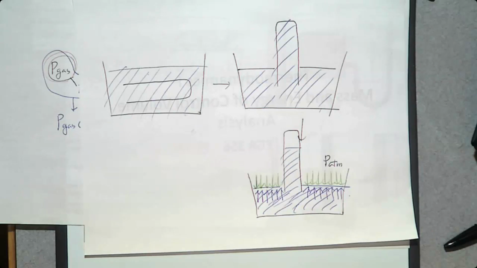If air pressure is greater than water pressure, this one moves downward until they are equal. If water pressure is greater than air pressure, this one moves upward until they are equal. If you wait until the inner face does not move, that means there's a pressure equilibrium. Water pressure is the same as air pressure.